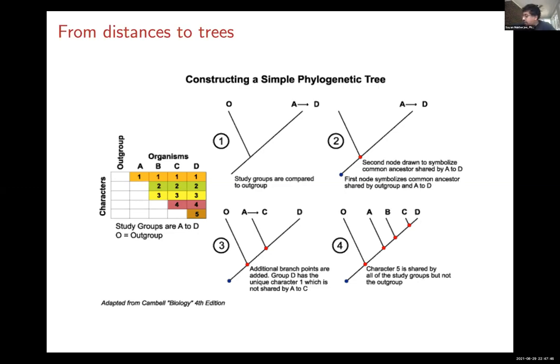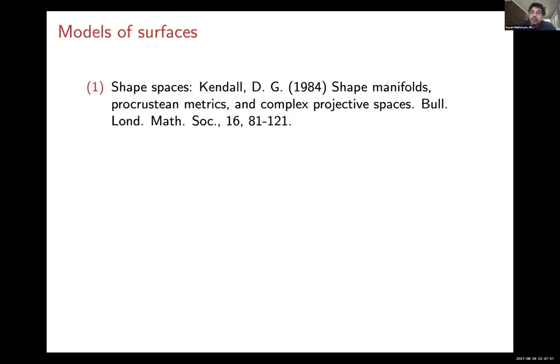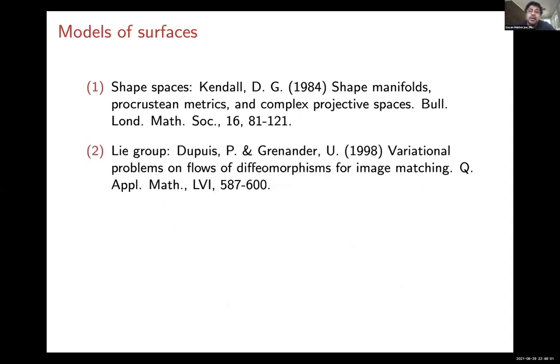So classically, there have been three ways people have thought about shapes and shape spaces. One is an idea going back to Kendall, which he called shape manifolds, and we'll come back to that. The other idea goes back to Dupuis and Grenander, and these are based on diffeomorphisms and flows. And I will touch a little bit upon this approach.